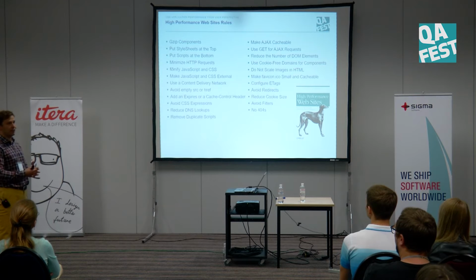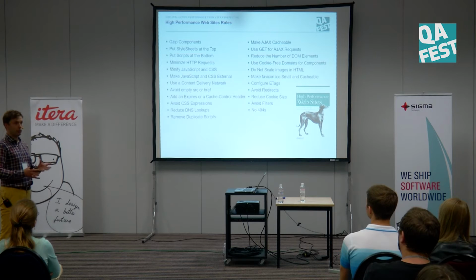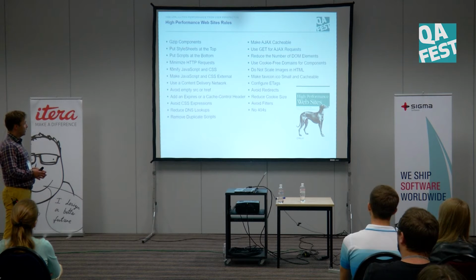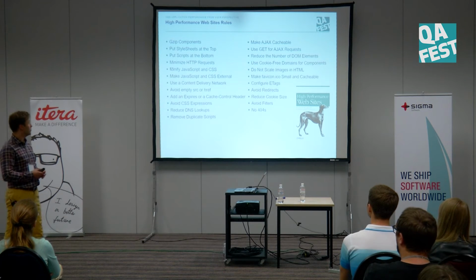Is it healthy enough to deliver content fast to our users? So let's look at just a few of those rules, just to give you an idea of what they are about. And we will later discuss how to implement some changes.